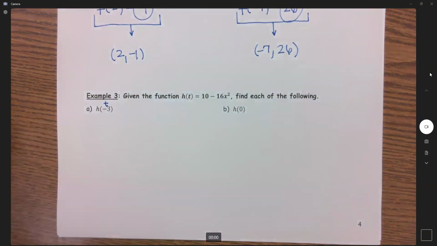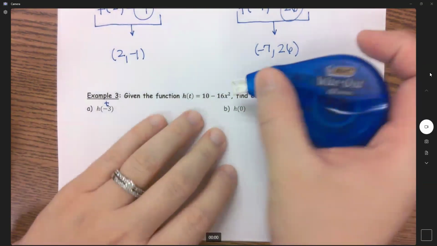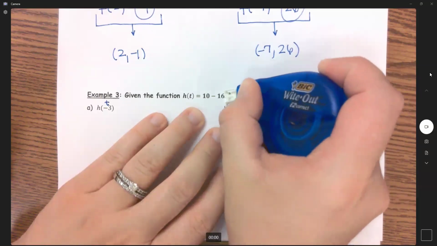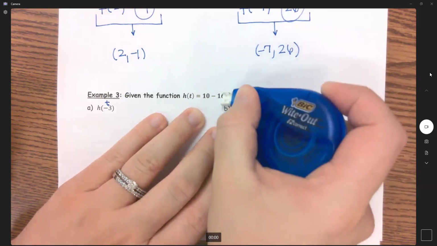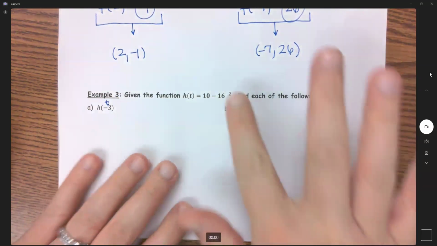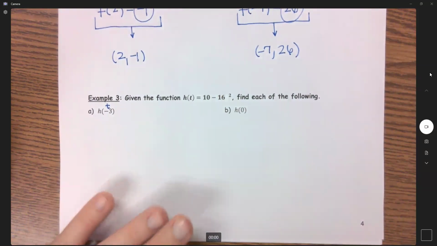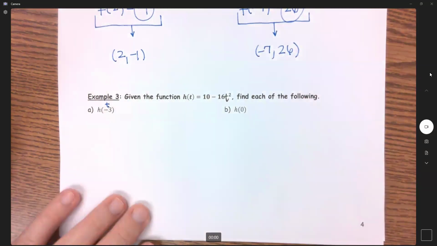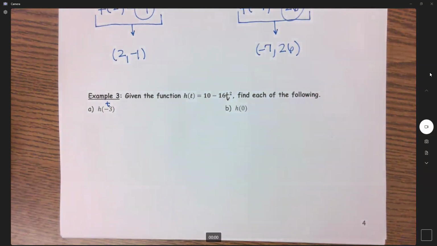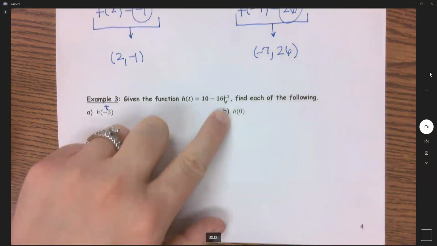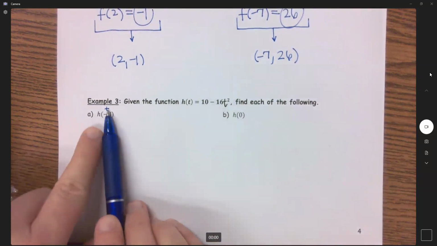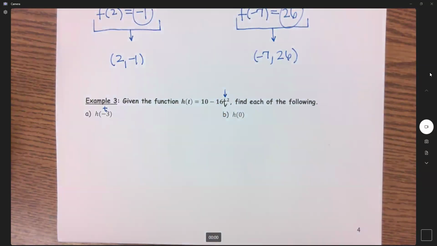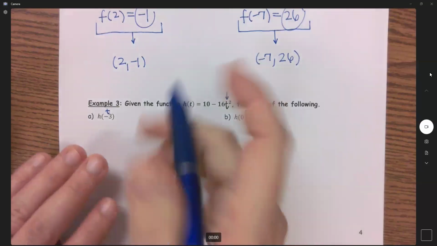Before you get to this, I will change this problem here; this needs to be a t. I'll make sure that's changed, hopefully, before you get to this. So notice that now my variable is a t. They're telling me here that t equals negative 3, so I will replace this t here with negative 3.